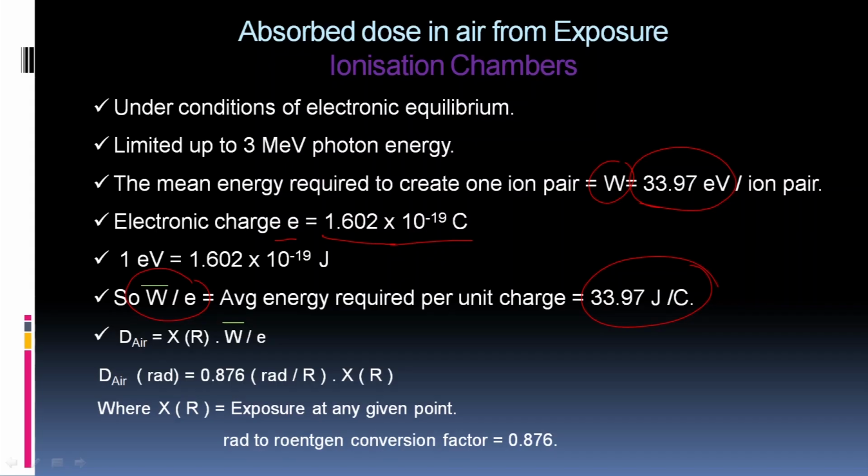So the dose in air is calculated from the exposure in Roentgen, and W by e is the average energy required per unit charge.